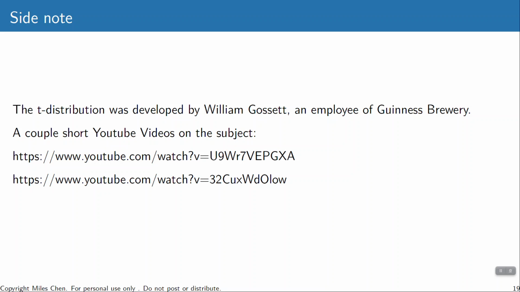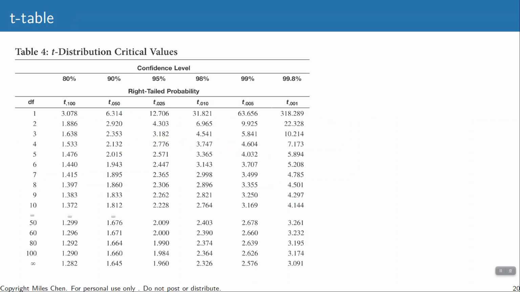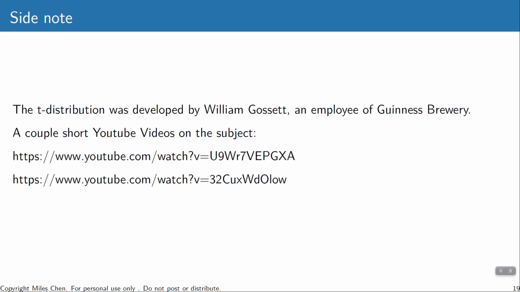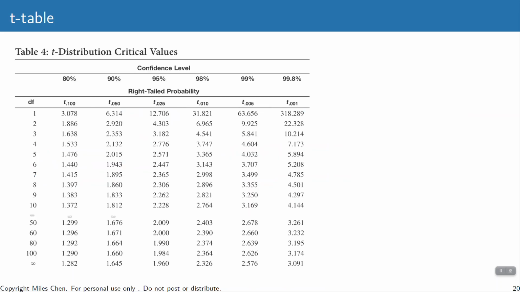Okay. Interesting story about the t distribution is that it was created by William Gossett, an employee of Guinness Brewery from Ireland, and he was a quality control engineer, and you can watch videos about it. The t distribution is part of your reference tables.